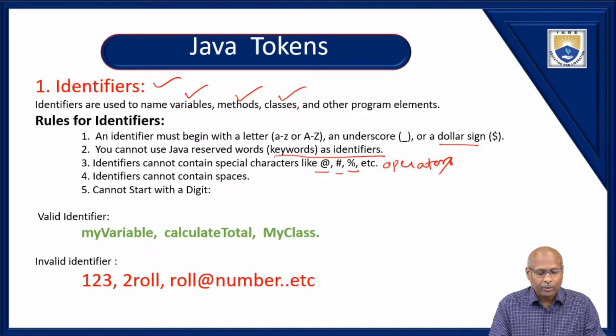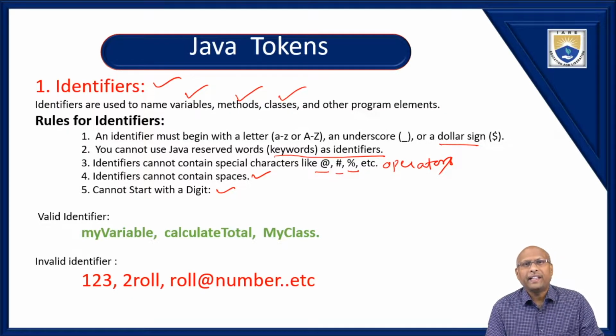Identifier cannot contain a space either. Next, an identifier cannot start with a digit. It can have a digit in the middle or at the end, but not at the beginning. If you know these 5 rules, then you can write a valid identifier.